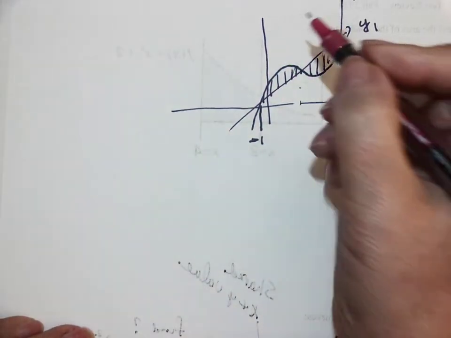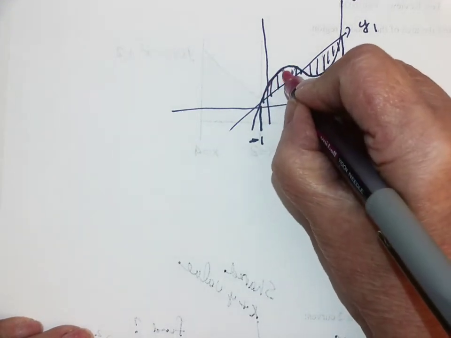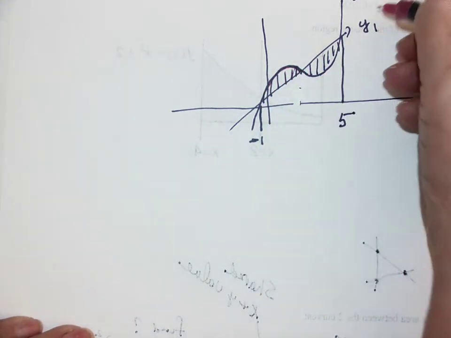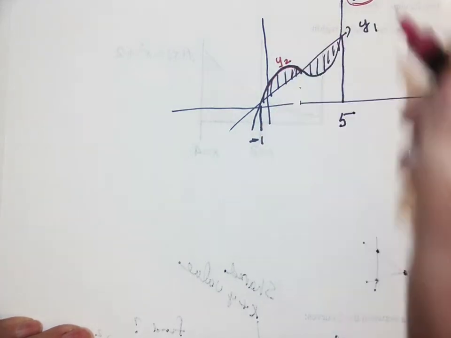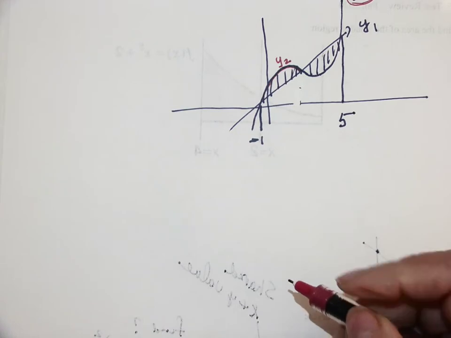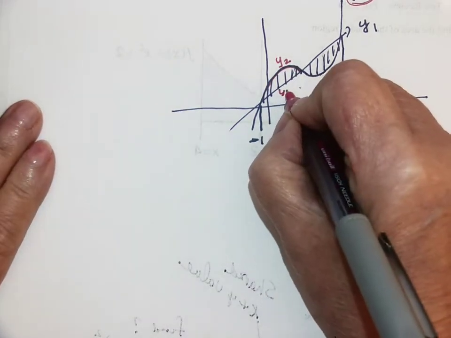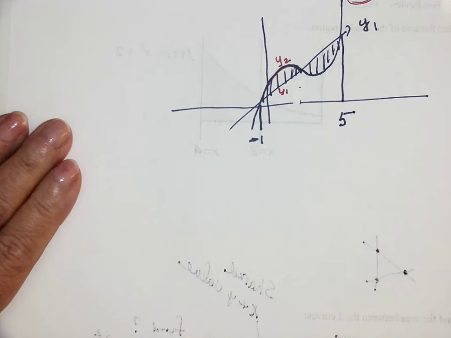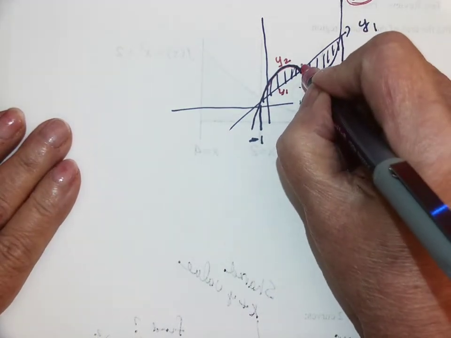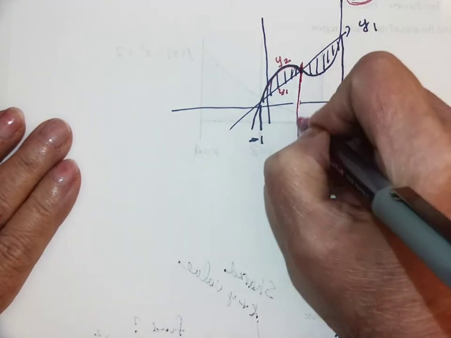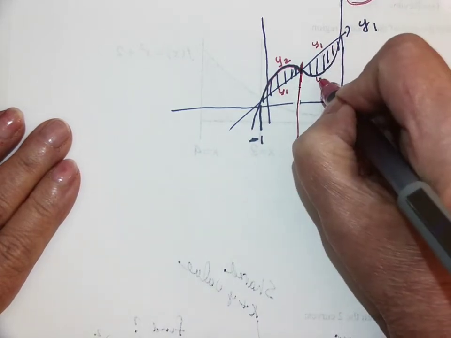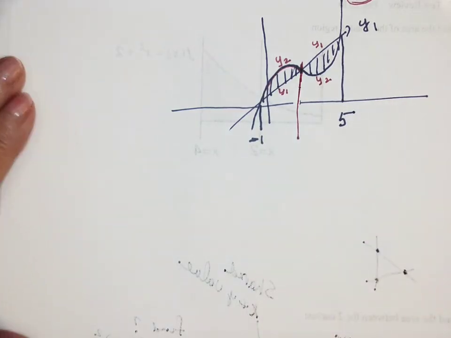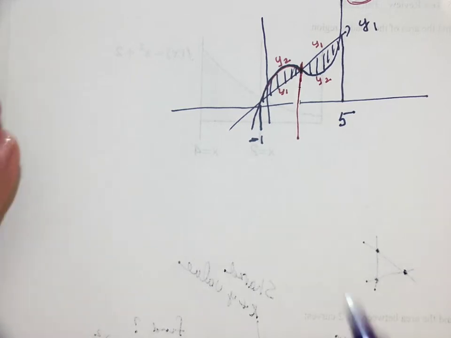What you have to do is to realize that in this particular case, y2 is the function that's above, y1 is the function that's below. Then what happens? At this point right here, y1 moved above and y2 moved below. Because remember, it is always upper minus lower.